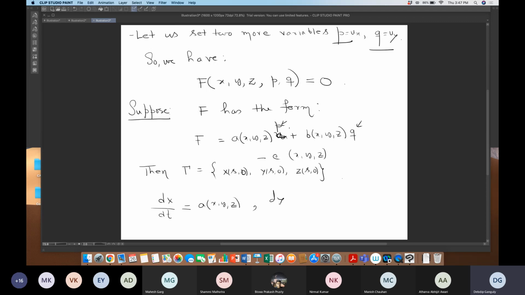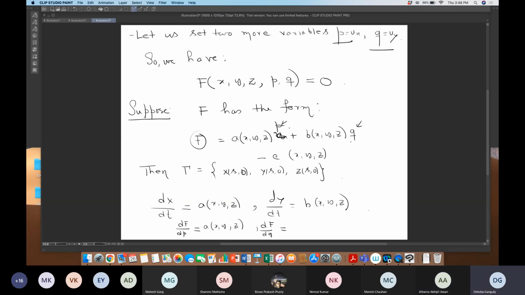Similarly, we have seen dy by dt is b(x,y,z). Now if I differentiate F with respect to p, what will I get? What is dF by dp? a(x,y,z), exactly. What is dF by dq?